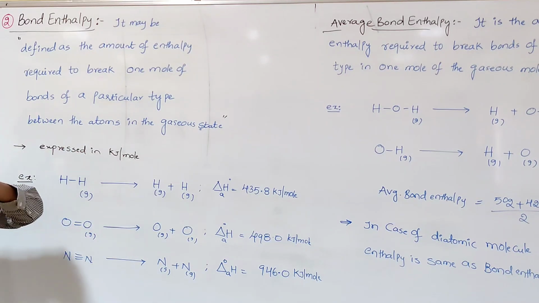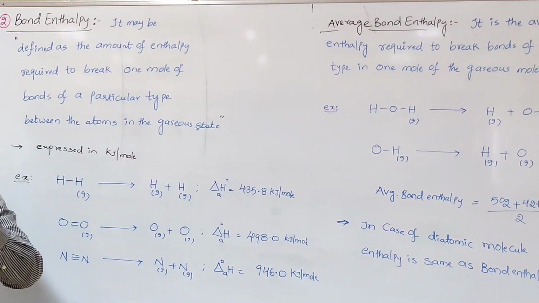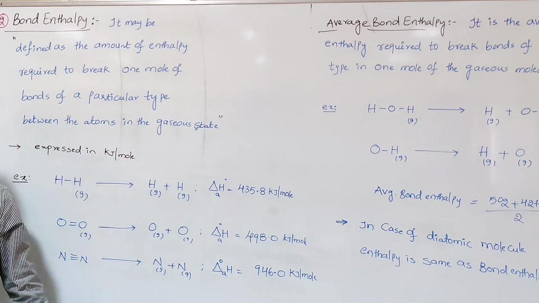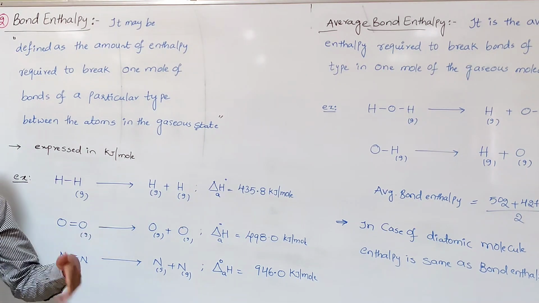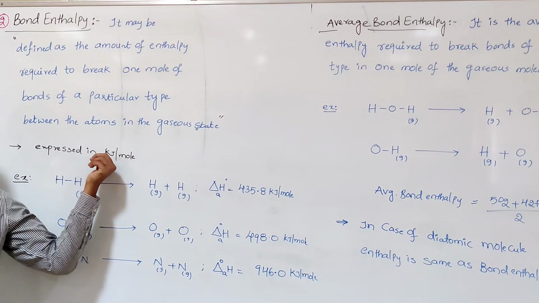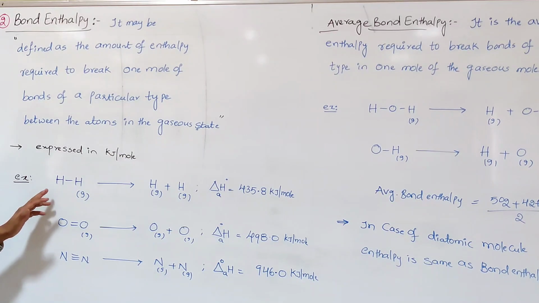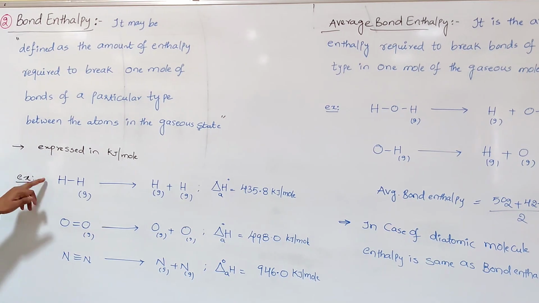So the amount of energy required to break 1 mole of a particular type of bonds between the atoms in a molecule is called bond enthalpy. Energy we always express in terms of which unit? Kilojoule per mole. For example, let us take the hydrogen molecule, H2. Here you take 1 mole of hydrogen.